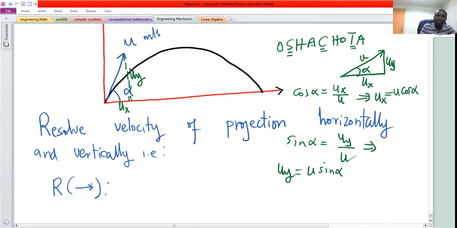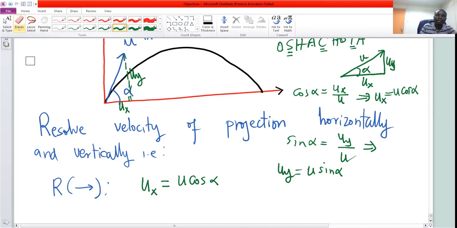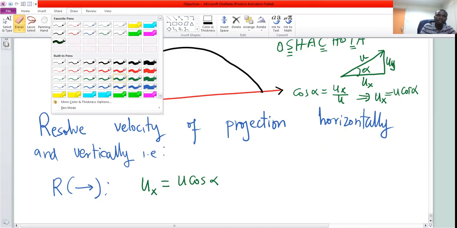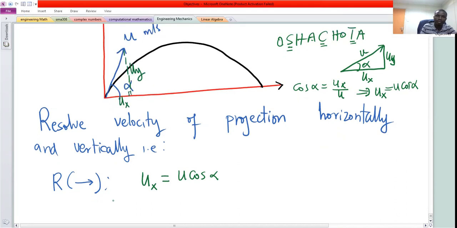Therefore, the horizontal component of the velocity is ux equals u cosine of alpha, and the vertical component of the velocity is uy equals u sine of alpha.